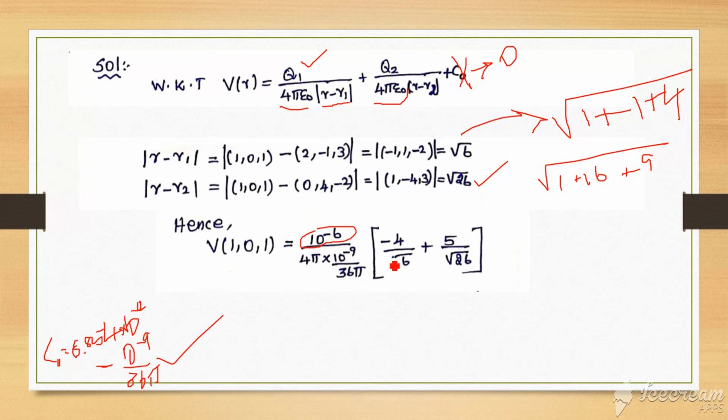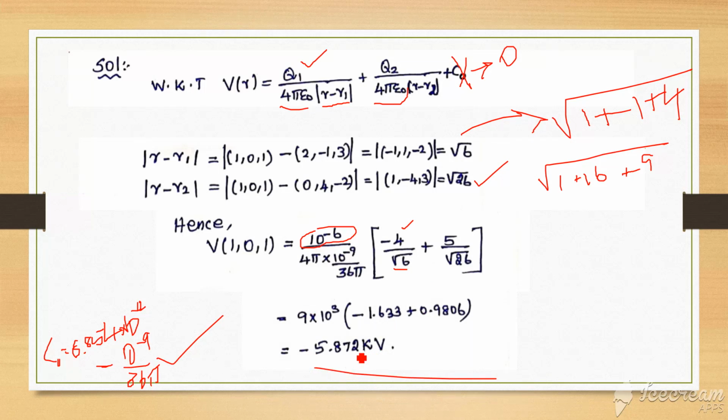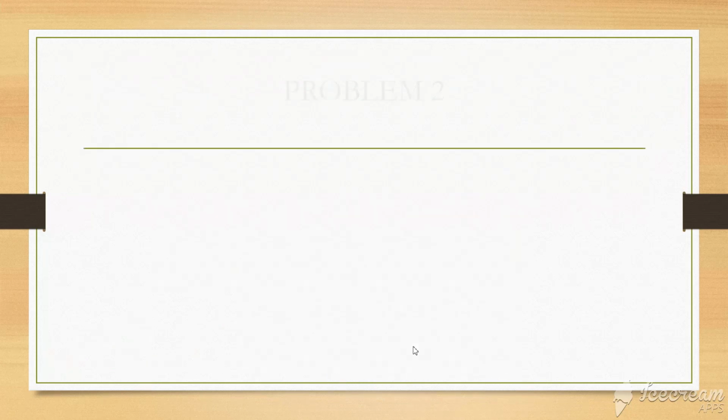The remaining terms: Q1 value is -4 divided by the distance, which is root 6, and Q2 value is 5 divided by the modulus of R minus R2, which is square root of 26. While simply solving this we get the answer as -5.872 kilovolt. The potential is -5.872 kilovolt.